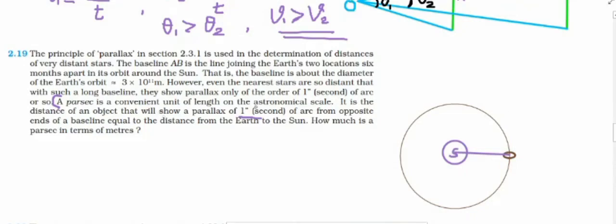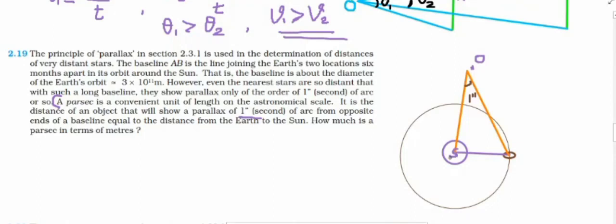Now what is parsec according to the question? We need to take an object here. Take an object. And this particular object will make an angle, and that angle should be 1 second. Angle is 1 second, provided the baseline is equal to the distance from the Earth to Sun. This baseline is the distance from Earth to Sun.